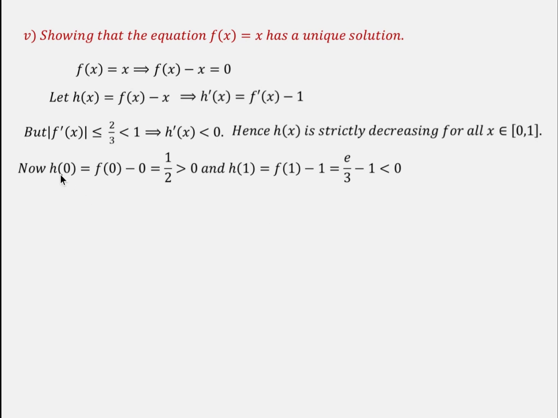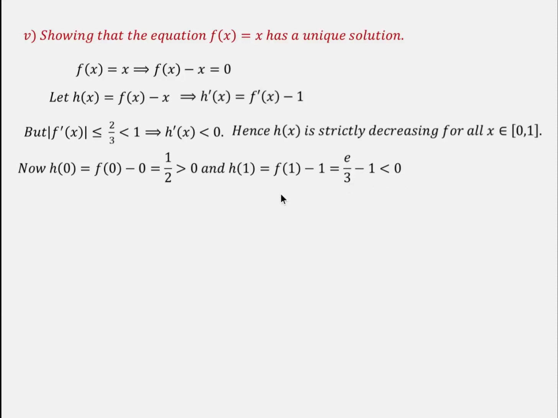So we start by verifying h of 0, which is f of 0 minus 0, and this gives half, and clearly half is greater than 0 or positive. h of 1 equals f of 1 minus 1, and f of 1 being e over 3. e being 2.7 and less than 3, it means that e over 3 is less than 1, and so e over 3 minus 1 is less than 0.